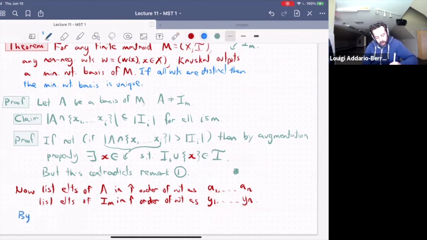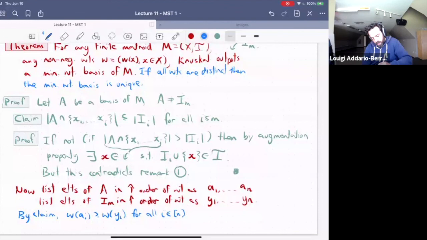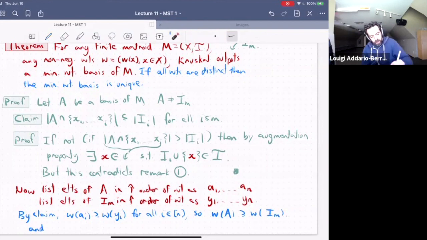So by the claim, the weight of Ai is at least the weight of yi for all i up to n. So that tells me that the weight of A, which is just the sum of all the weights of its atoms, is at least the weight of I sub M. So Kruskal's algorithm does output a minimum weight basis.